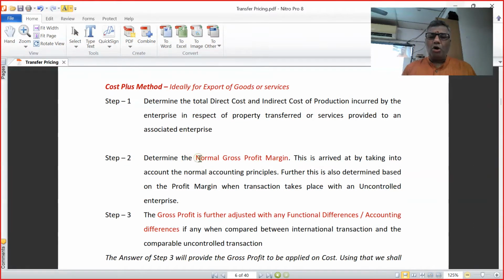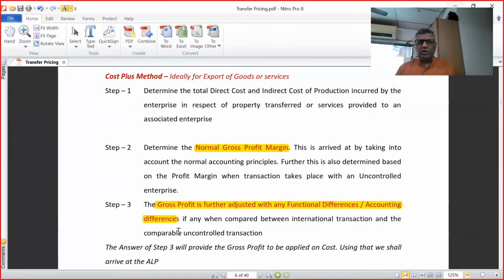Determine the normal gross profit margin. This is arrived at after taking into account the principles, etc. The GP is further adjusted for functional differences and accounting differences. And then we arrive at the cost. Read it once. I will talk again.